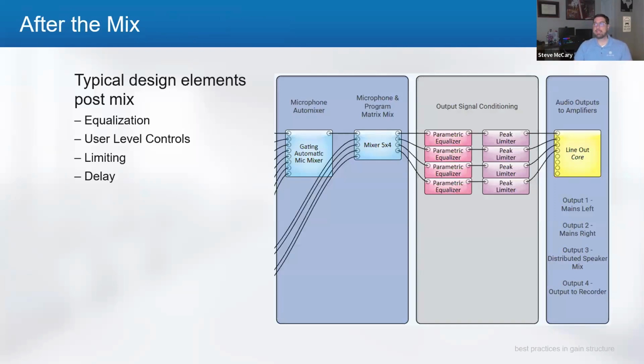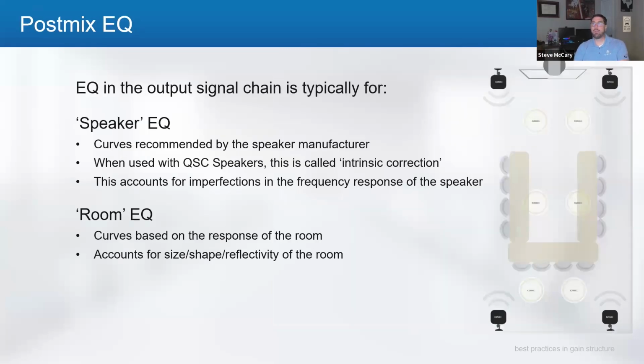Once you have gotten past the matrix mixer and you're in the room, most people will like to put a little EQ and a limiter on the back end before their line outputs. The EQ is typically going to be for the speaker.